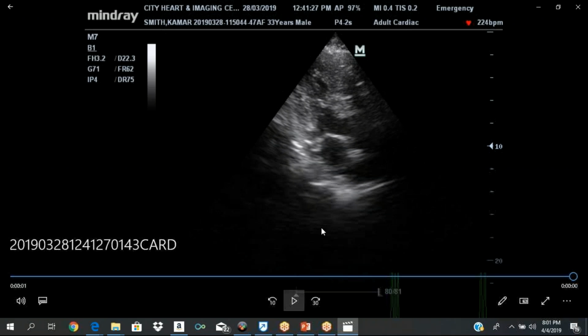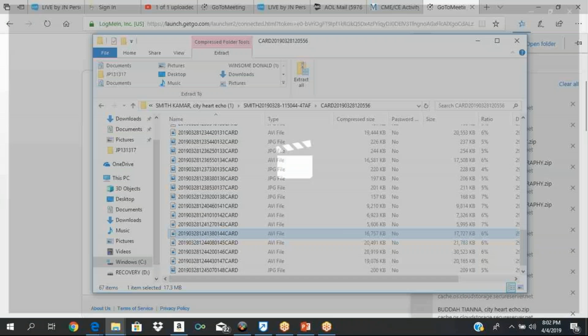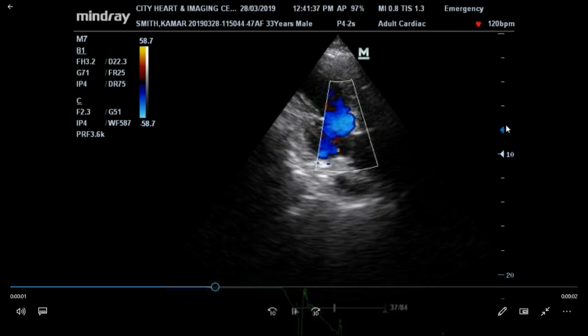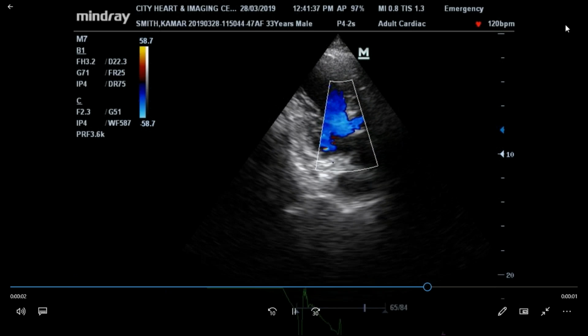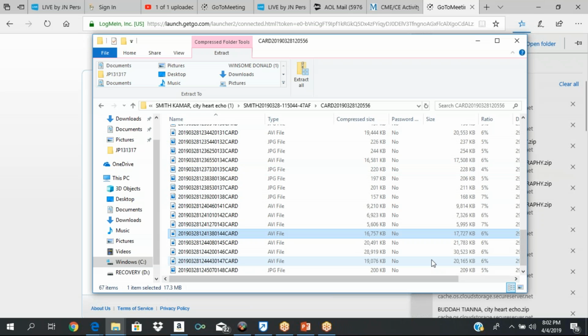Apical three-chamber view, further counterclockwise rotation. And of course, we usually put color in everything, looking for abnormal flow.